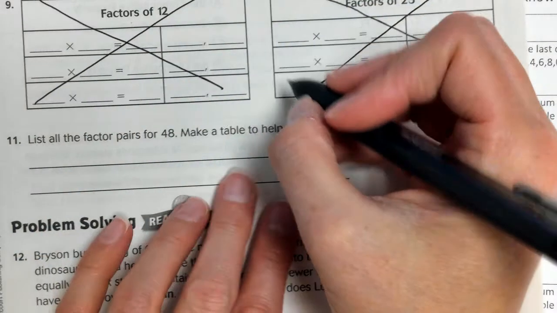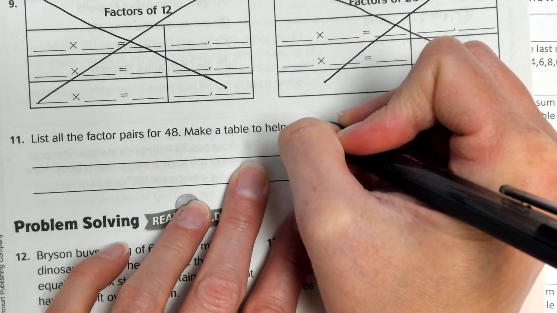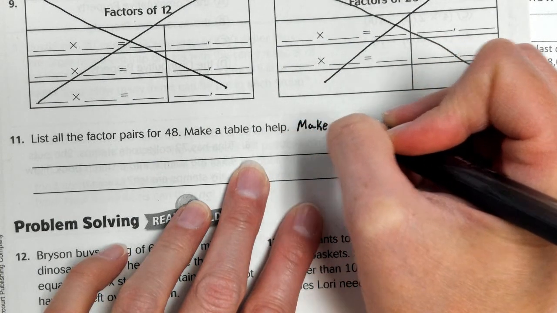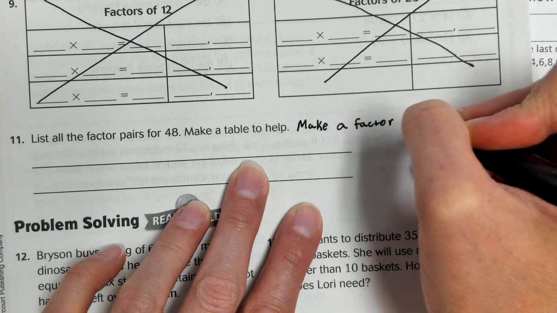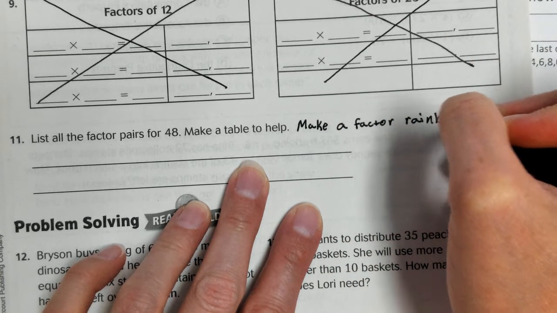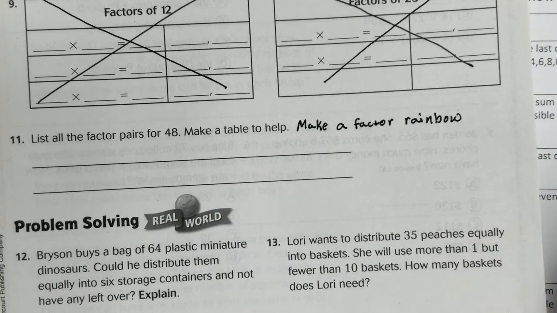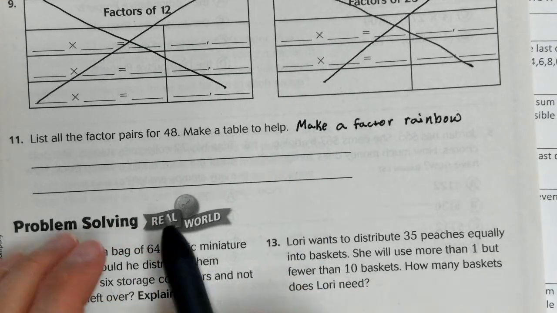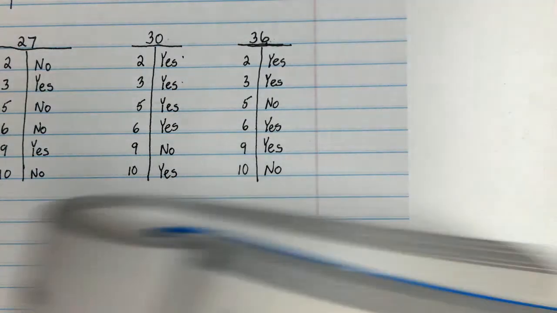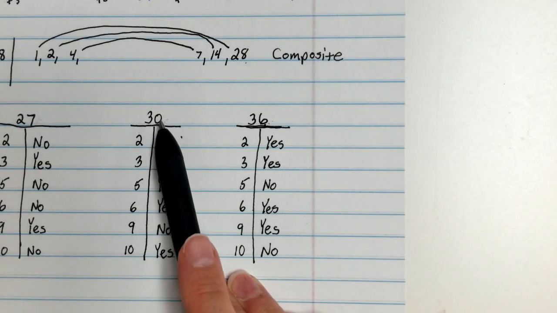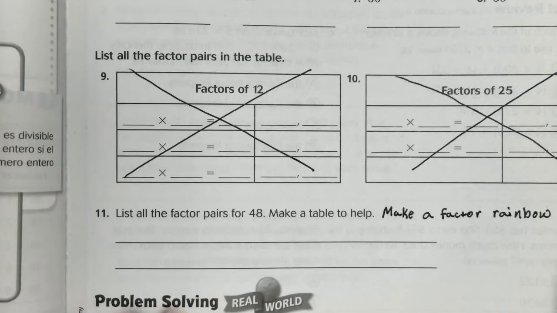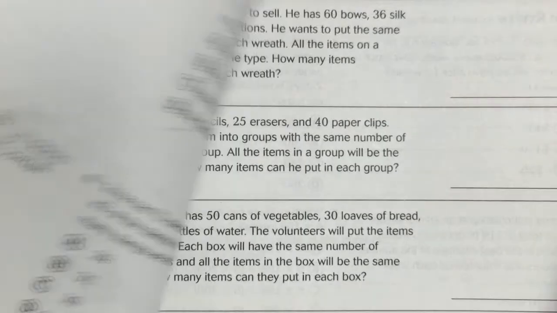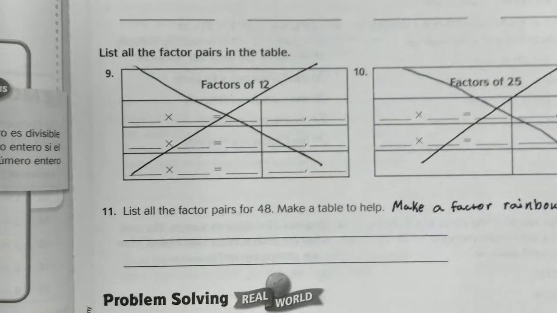What I want you to do is make a factor rainbow. So you don't have to list it in pairs. You're going to do it like we do it here. Okay, and then make sure you do page 100.